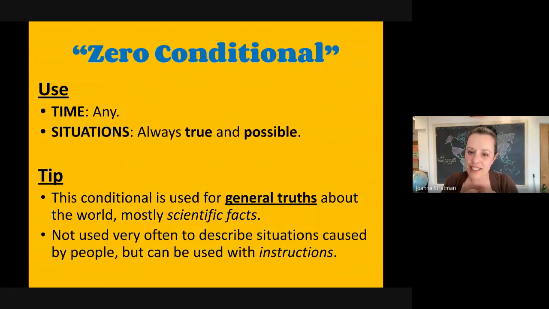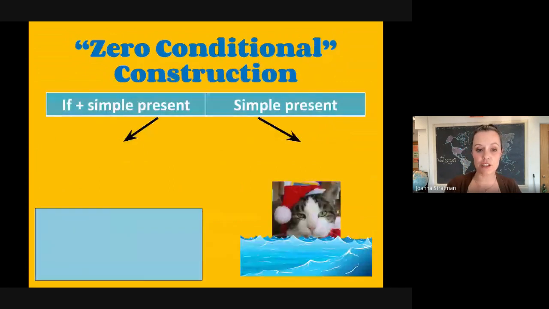So it's not typical to use the zero conditional for people situations, but we sometimes do use this with instructions. So if we are giving someone instructions or directions, then it is possible to use the zero conditional. We will look at some examples in a moment. But let's look first at the construction of this conditional.